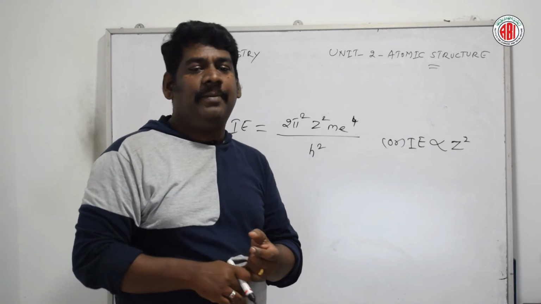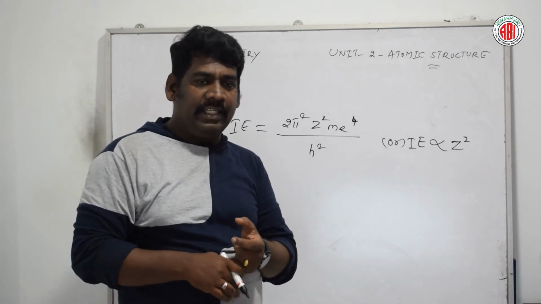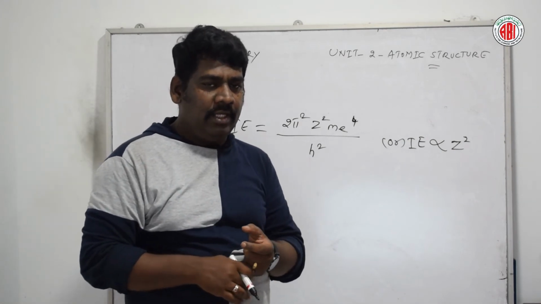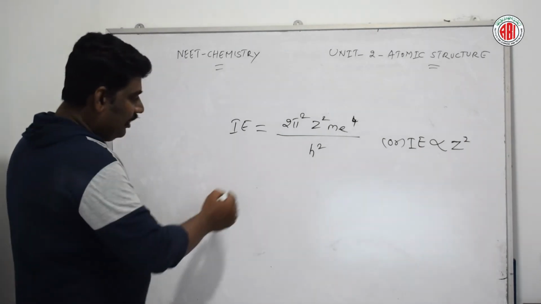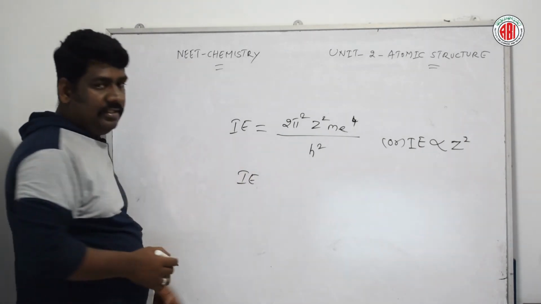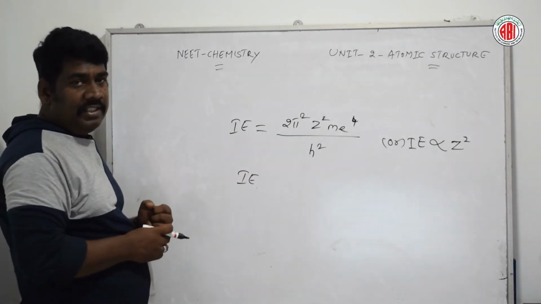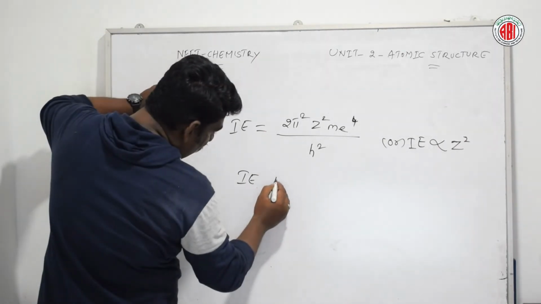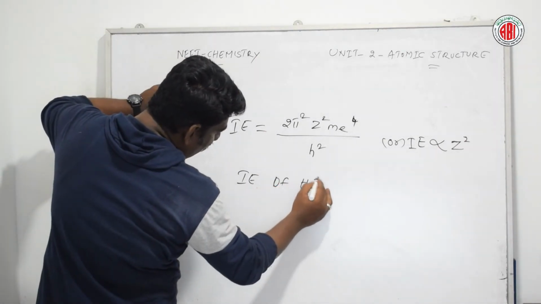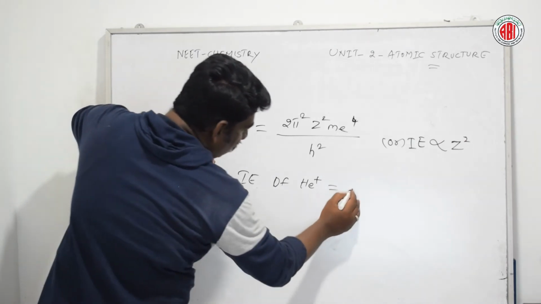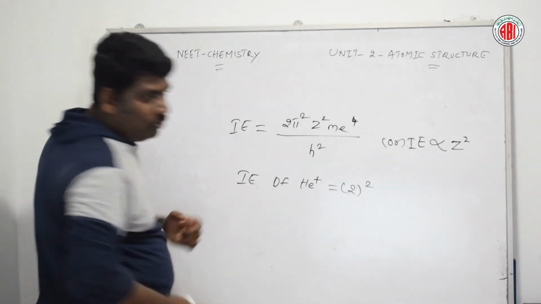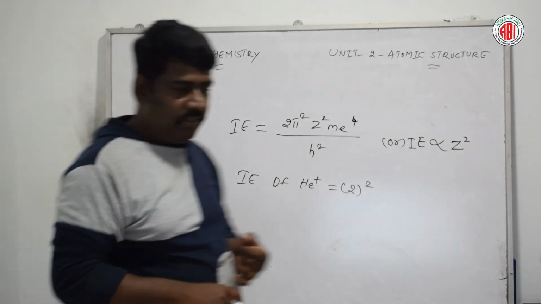Since the atomic number of hydrogen is 1 and of helium is 2, the ionization energy of helium plus should be 2 square, that is 4 times.